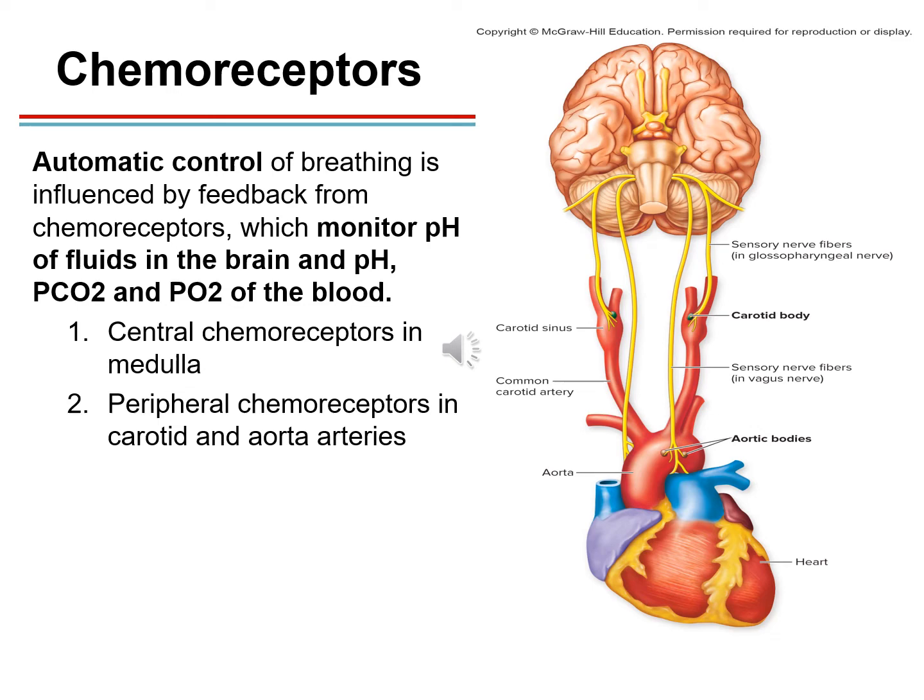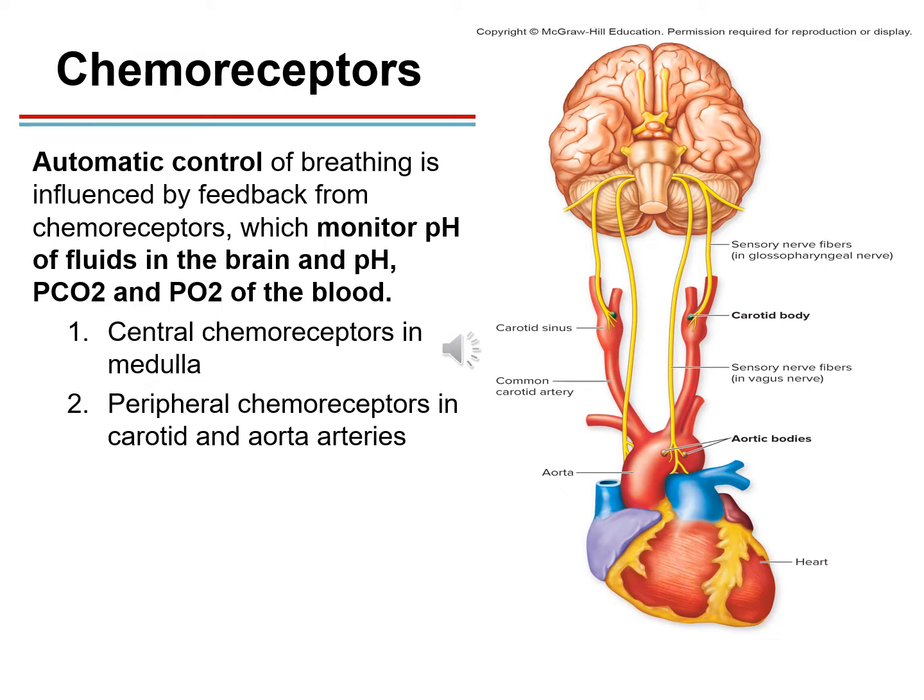In this case, it is plasma. The pH of the fluid in the brain and the pH of the plasma in general. Those chemoreceptors are also checking and monitoring the pressure of carbon dioxide and the pressure of oxygen in the blood.